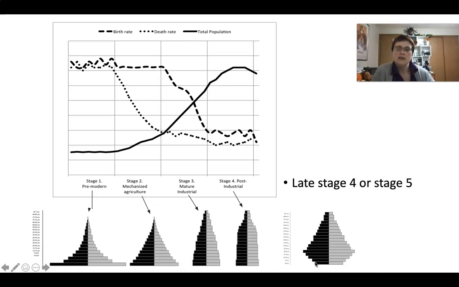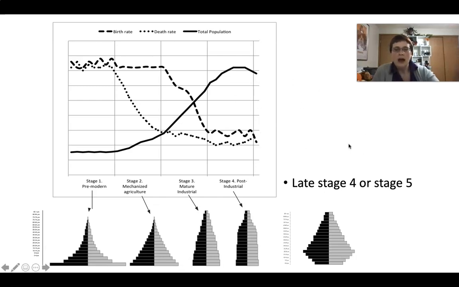Because the pyramid is smaller down here at the bottom than it is farther up, you don't have as many kids compared to the reproductive section of your population. So the people who are having kids aren't having as many. And so you're at this point where your fertility rate is lower, and that indicates that that population is going to shrink in the future.